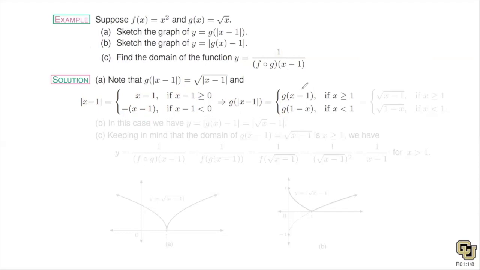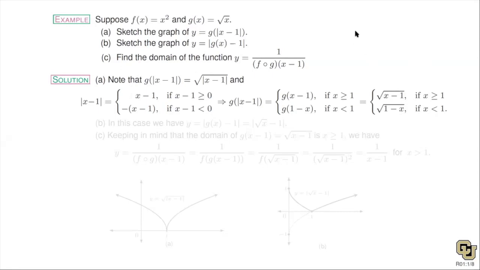Finally, g is the positive square root of x. If you plug it into the function, g of absolute value of x minus 1 looks like positive square root of x minus 1 if x is greater than or equal to 1, and positive square root of 1 minus x if x is less than 1. And so now we would graph each piece.